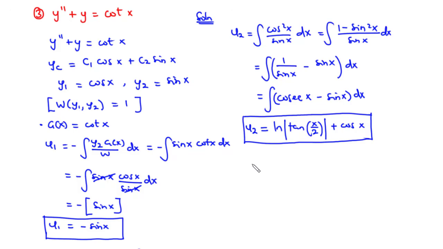Now we know that the particular solution yp is equal to u1 y1 plus u2 y2.